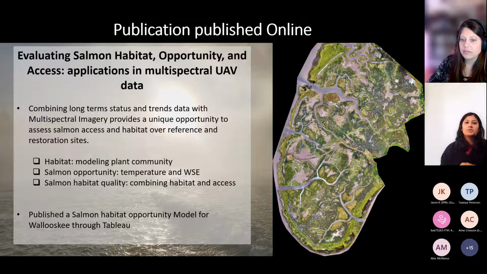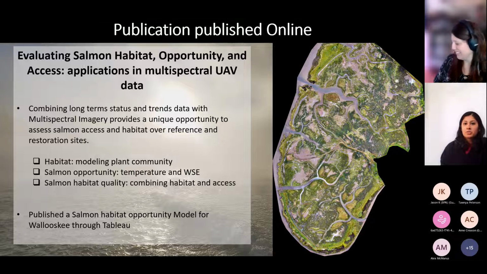Our first publication has actually been published online, and this is something that Sarah and I originally spoke about in 2020, and then Sarah and Ian were talking about it in 2021, and we showed the published dashboard in the June 2022 Science Work Group.